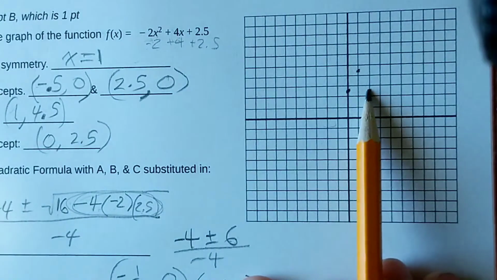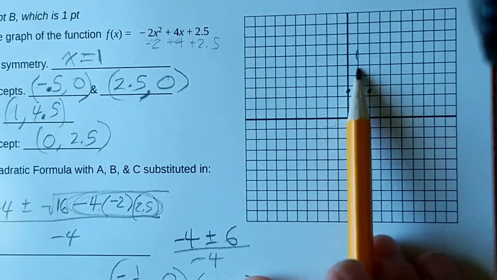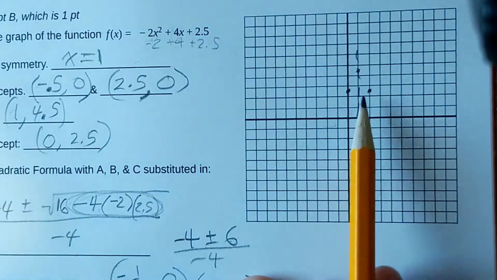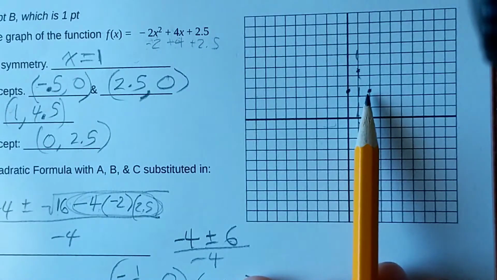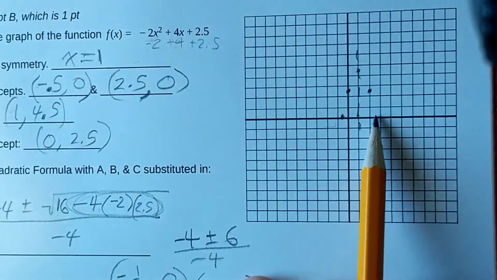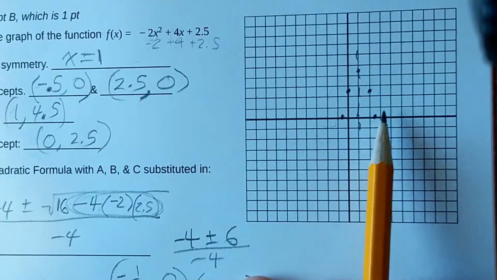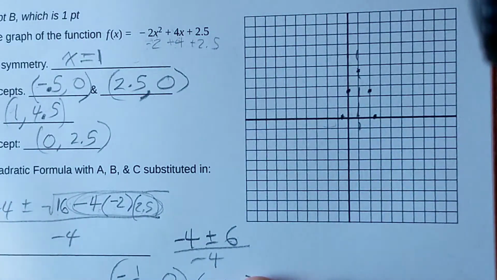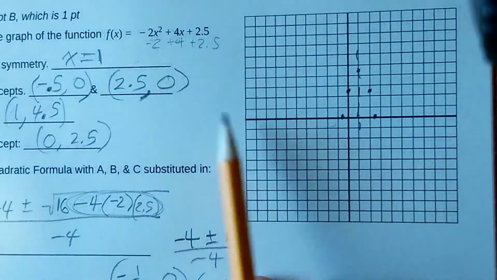Mirror image, axis of symmetry. We got the zeros at -1/2 and 2.5. Next, we could make a t-chart.